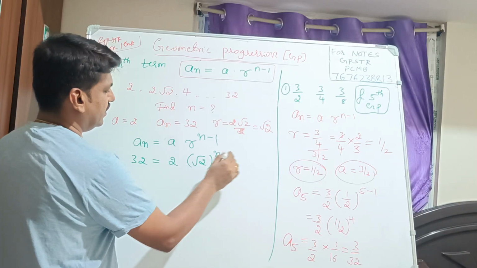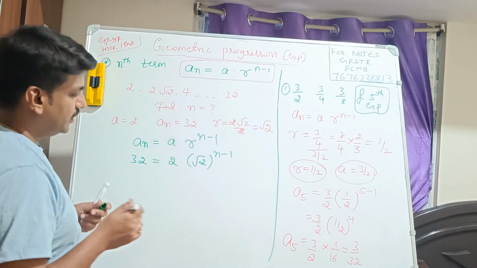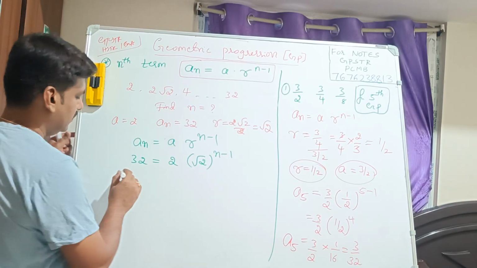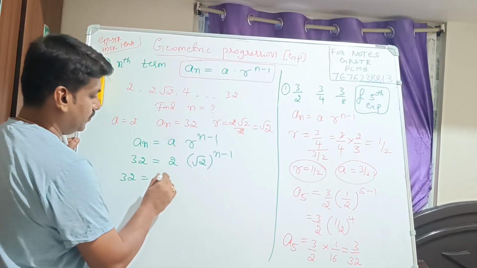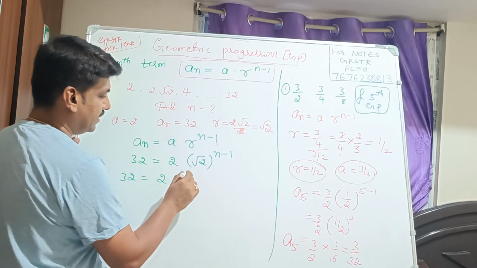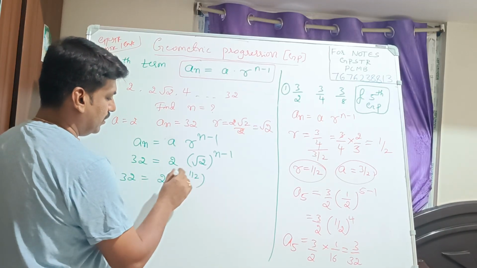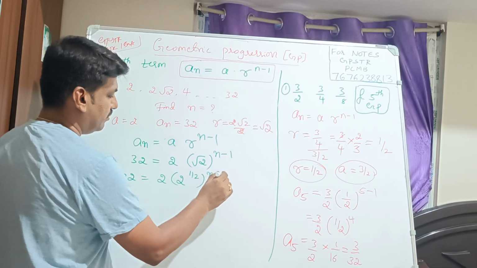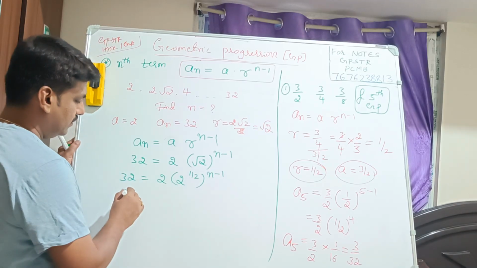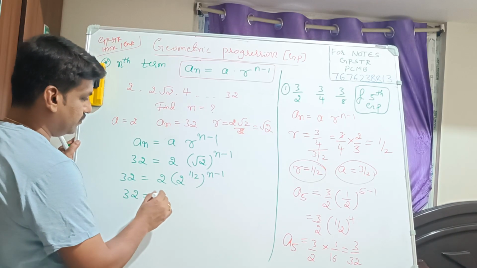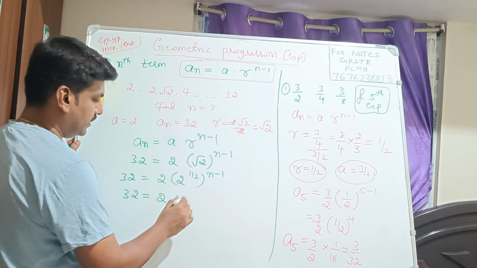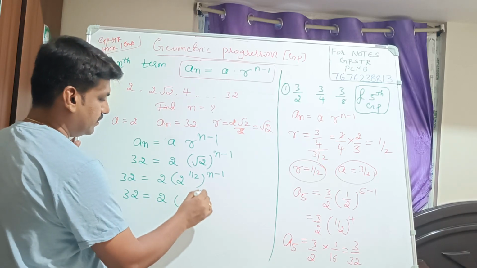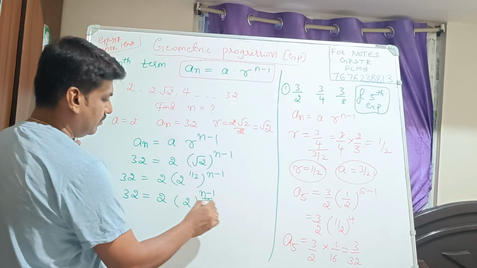We should find n, so this looks like a complex one. So 32 is equal to 2 into root 2, which can be written as 2 power 1 by 2, to the power n minus 1. So 32 is equal to 2 into 2 power n minus 1 by 2.